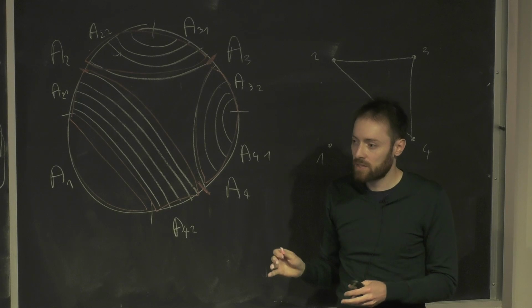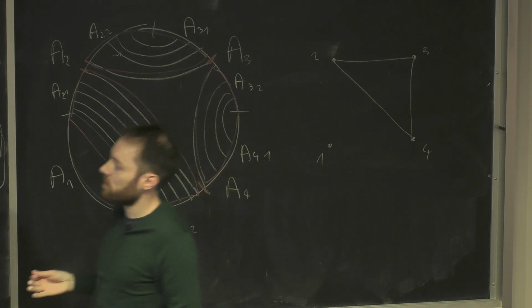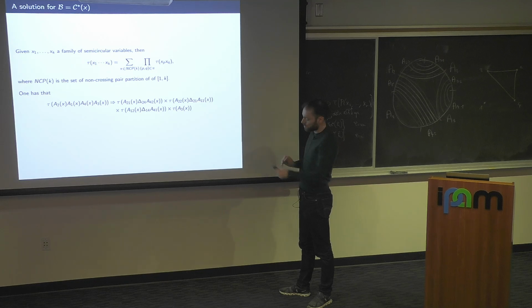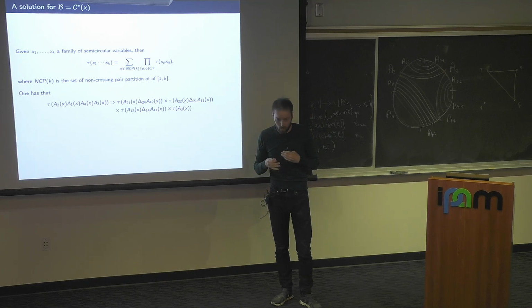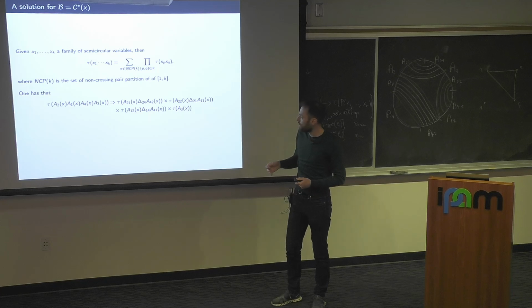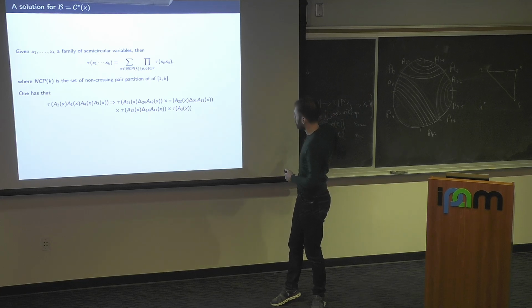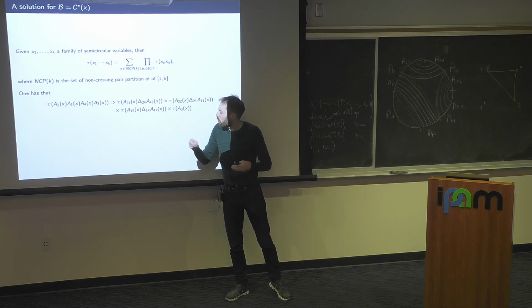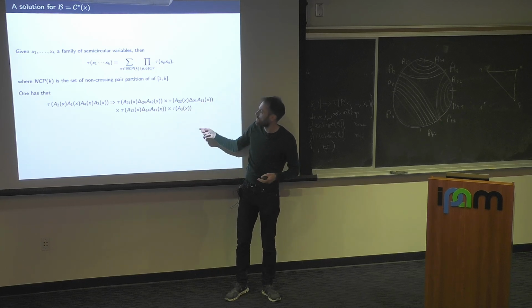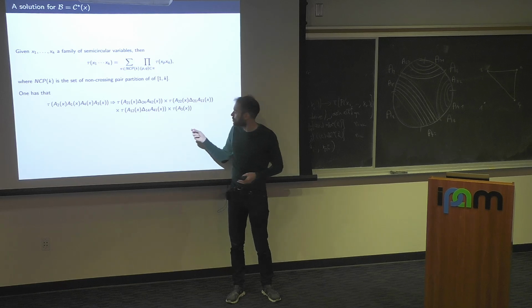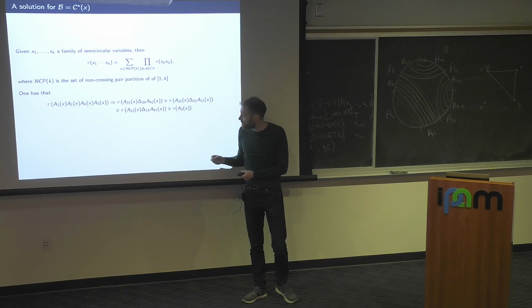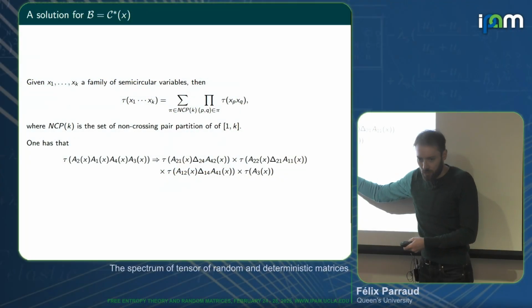And so what this means is that, once again, you can use the expression for the trace of a product of free semicircular variables to deduce that those things will give you terms of that form: some trace of A21, A42, some trace of A3, trace of A1, because visibly I took a different convention here. But the point is that you will get a product of such traces.